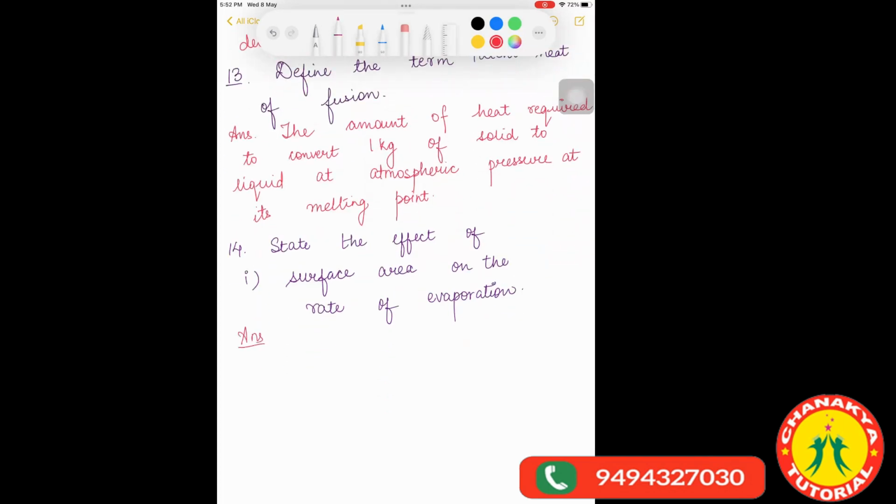Yes, ma'am. The more the surface area, the more the rate of evaporation, and the less the surface area, the less the rate of evaporation. Or we may simply write it: surface area is directly proportional to the rate of evaporation.